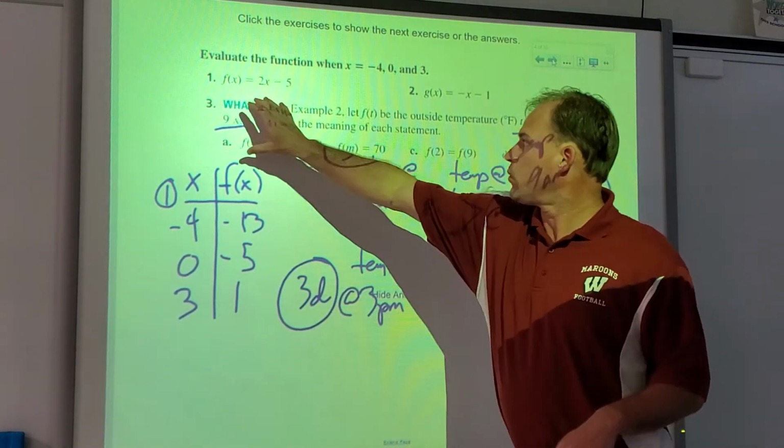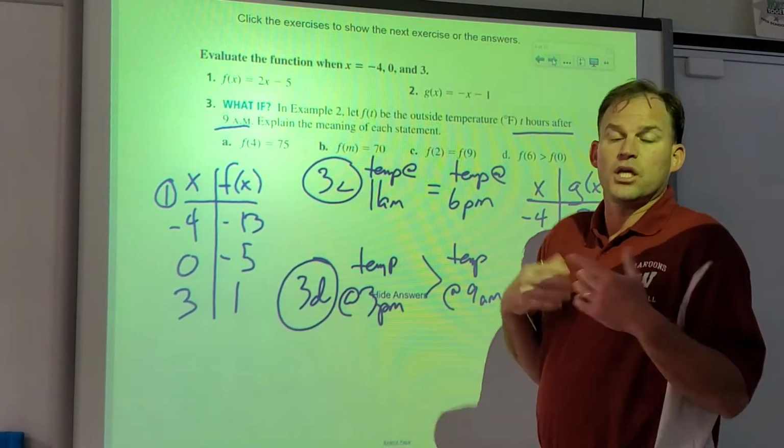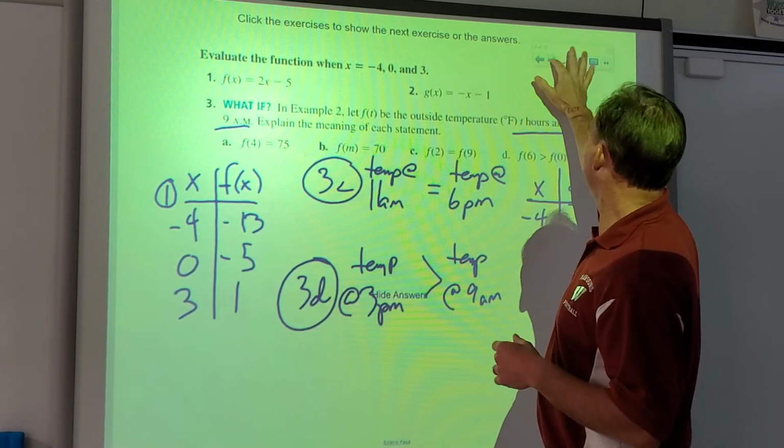So that's how we would do this without actually having an equation to plug things into.